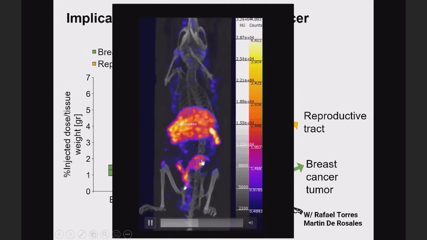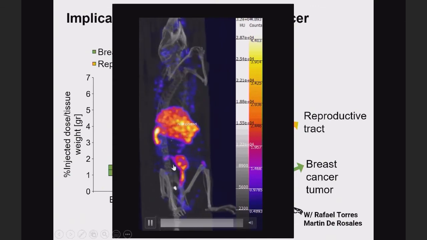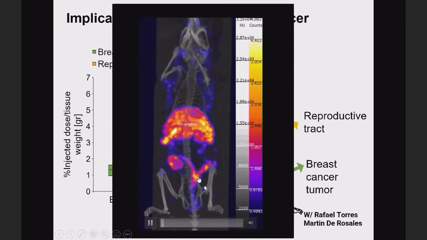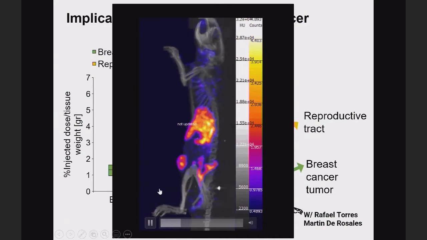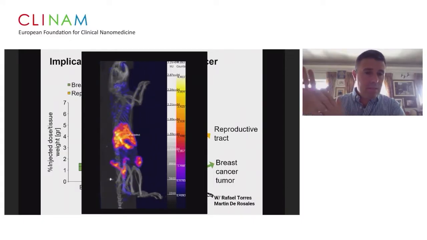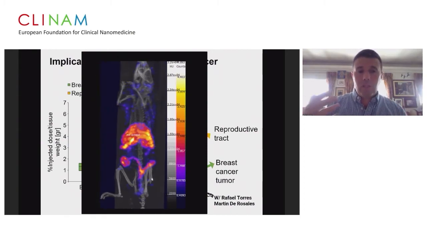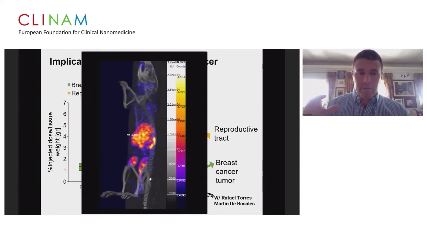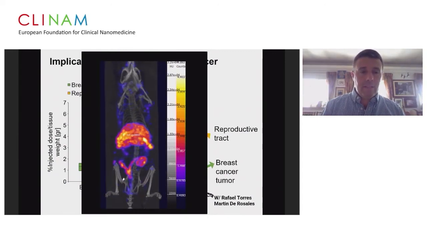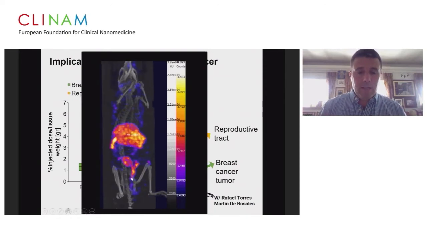These mice have a breast cancer tumor, and you can see the accumulation also of these liposomes in the reproductive system. This surely was not the intention of this treatment. The treatment here was supposed to be focused at the breast cancer tumor, but it almost distributed evenly between the breast tumor and the ovaries and the uterus. And that, of course, can have positive or negative effects based on what we want to do.